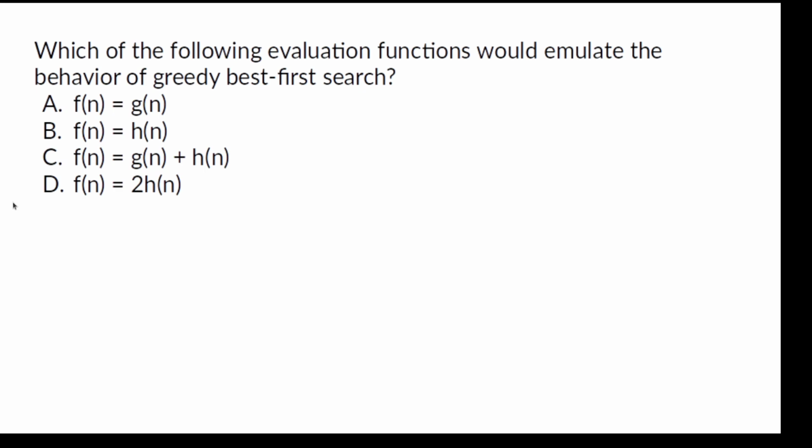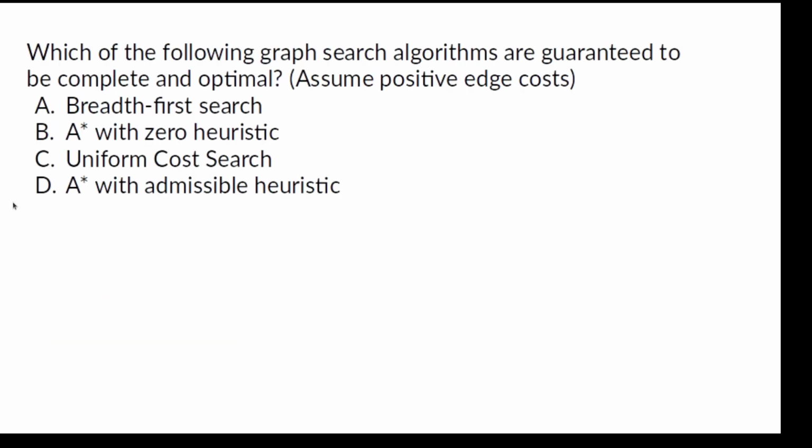So the answer would be where it is a function of h of n only, so it would be B and D. So the right answer would be B, h of n, and D, 2h of n, right? Now, any doubt, any question about that, you can comment. Now going to the next question.